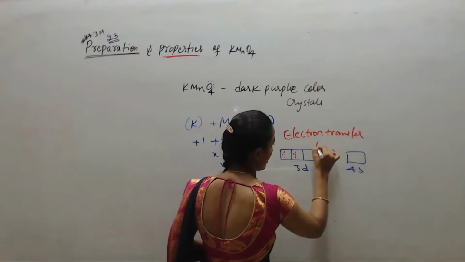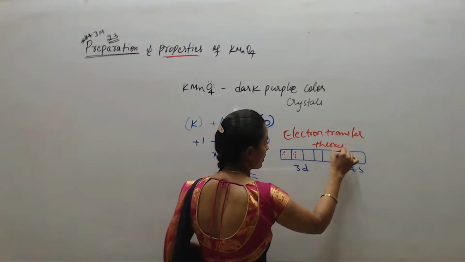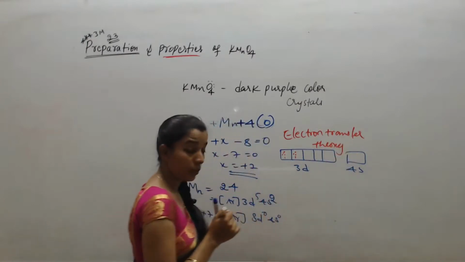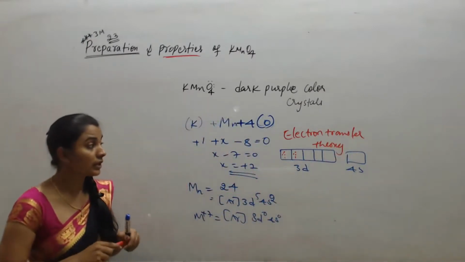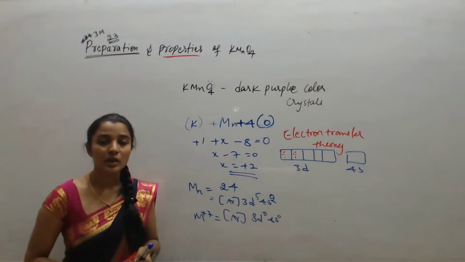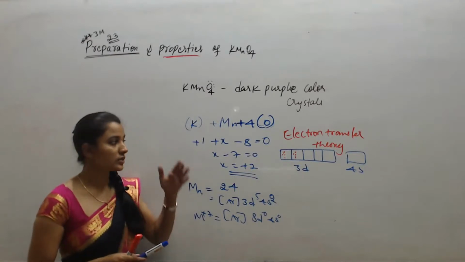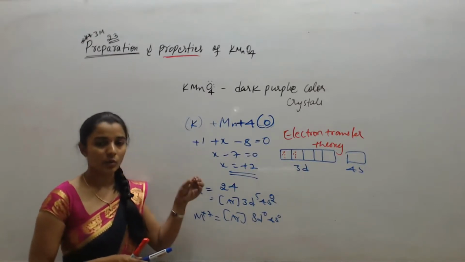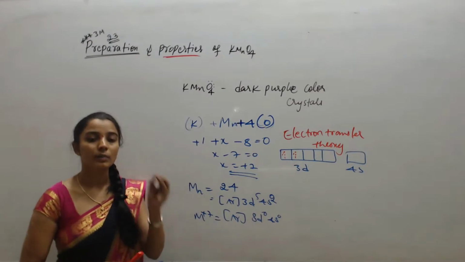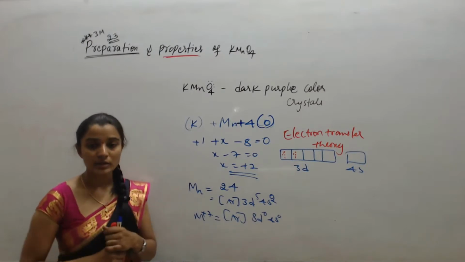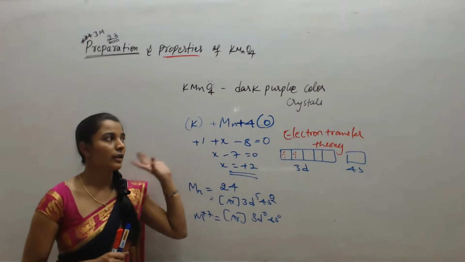So why am I telling this, students? It is not important for board orientation also, but I am telling this because many times I have solved questions based on this topic. Why is manganese purple in color even though it is in a plus 7 oxidation state in KMnO4 salt?